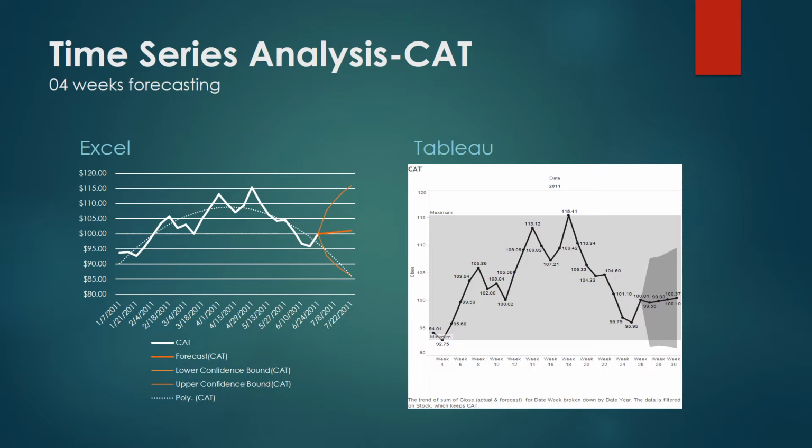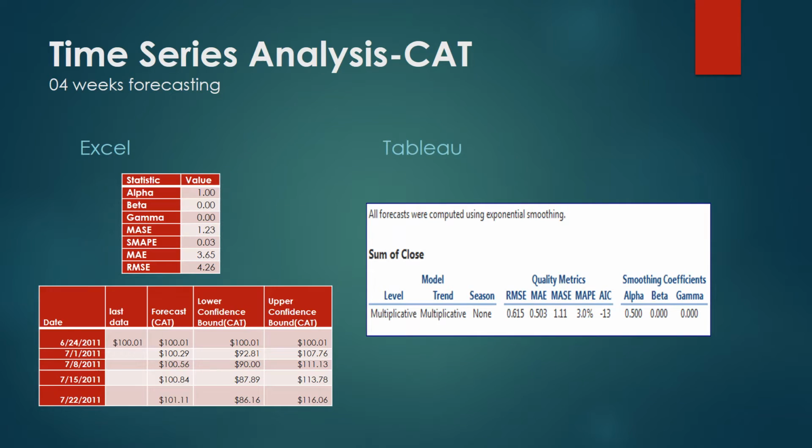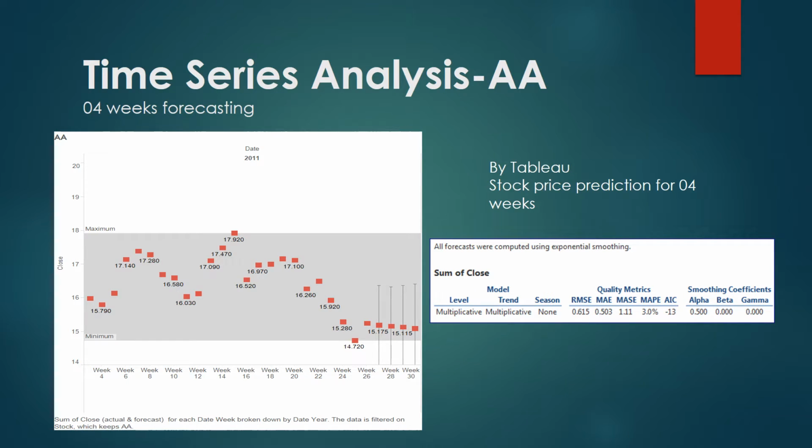All right, and here's another analysis of a different company, CAT. This one's MAPE is a little bit higher, so it definitely shows a little bit more variance than IBM did, but still not too bad, considering the variability. And here's AA.